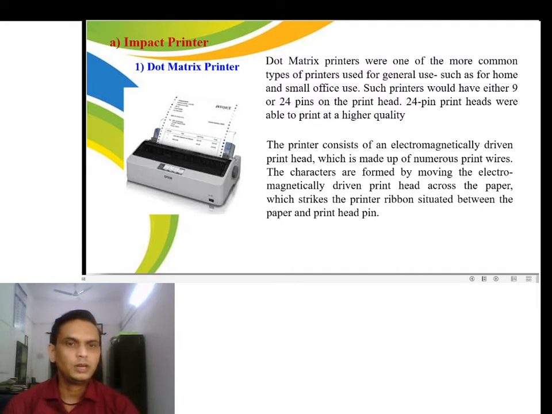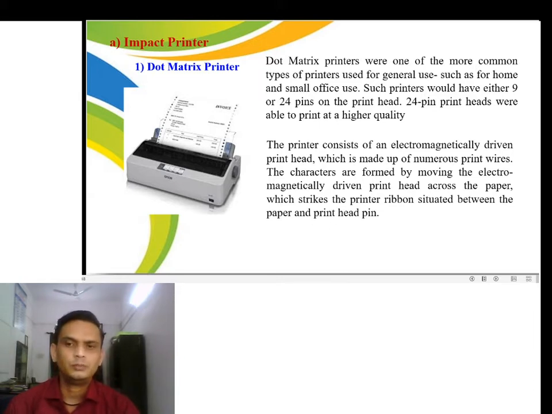A dot matrix printer has 9 to 24 pins in the print head to print a particular character on the page, where the 24 pin head is able to print better quality. The printer consists of an electromagnetically driven print head made up of numerous print wires, and characters are formed by moving the print head across the paper, which strikes the printer ribbon situated between the paper and print head.